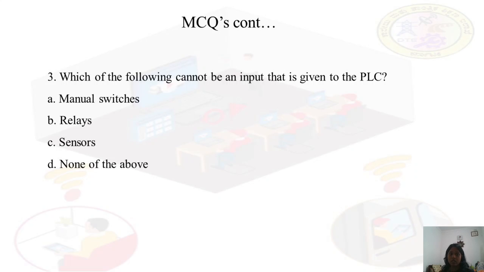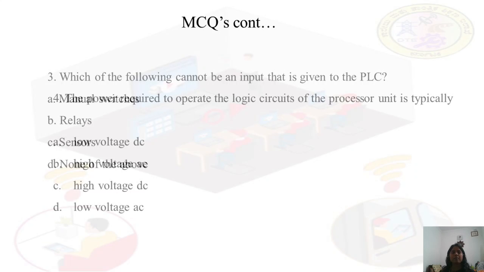Manual switches, relays, sensors, and none of the above. All are inputs only. So the answer is D.